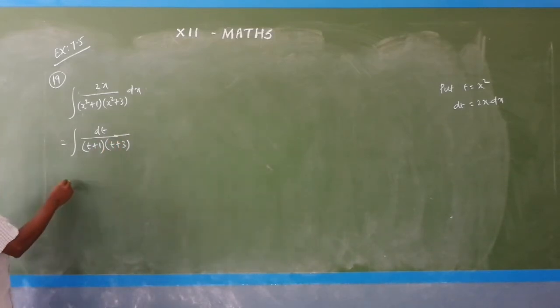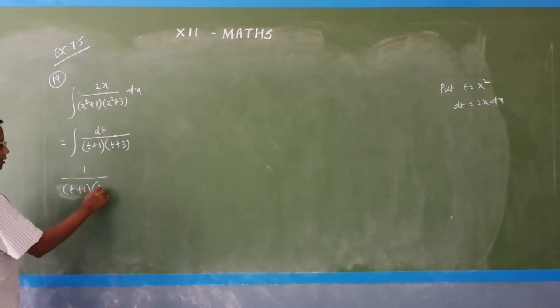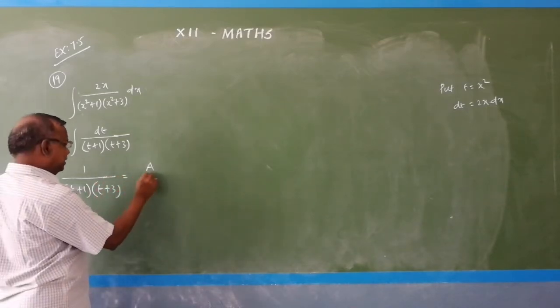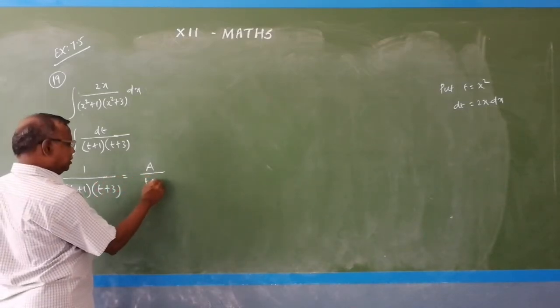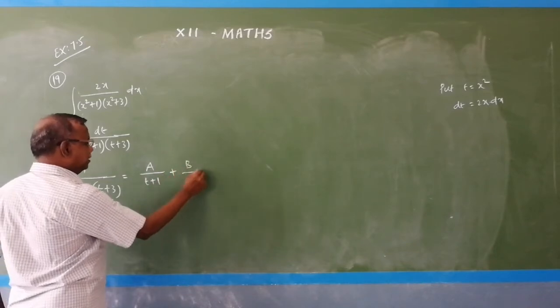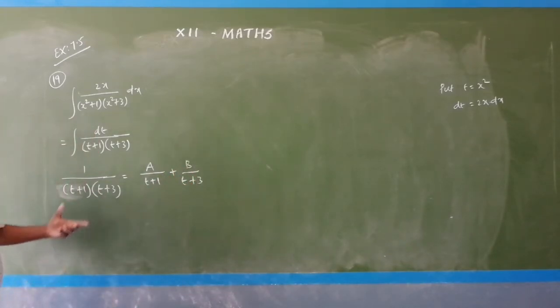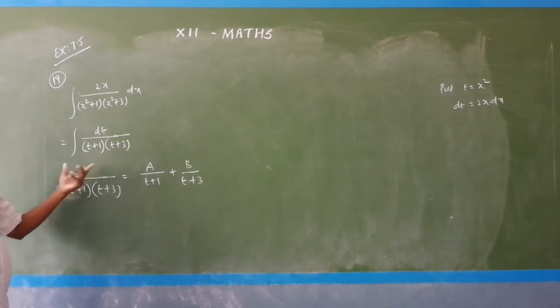Now, the part 1 by (t plus 1)(t plus 3) is equal to a by t plus 1 plus b by t plus 3. We can decompose into partial fractions because this is a product of two linear functions.